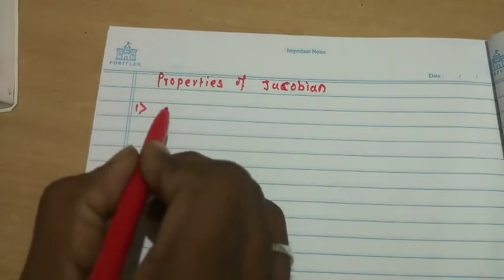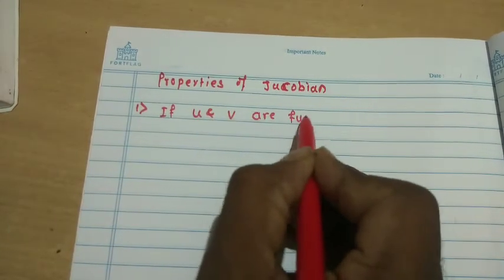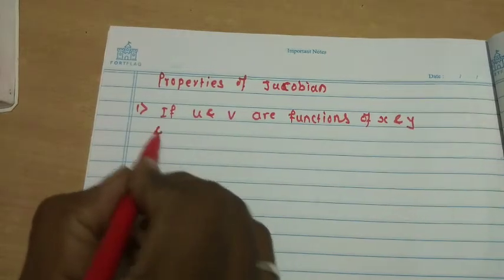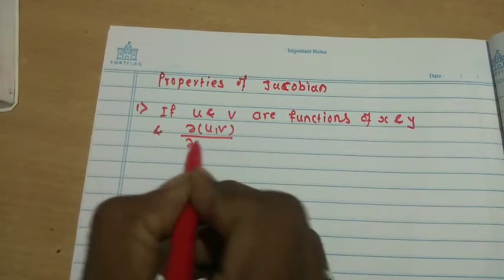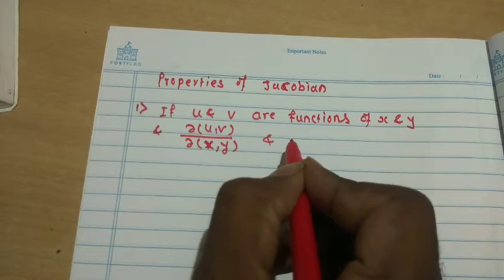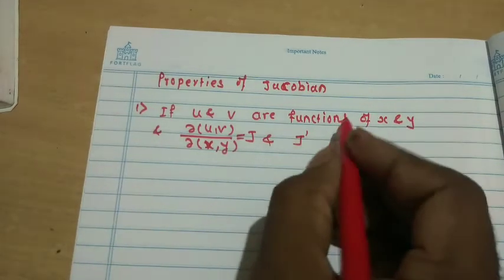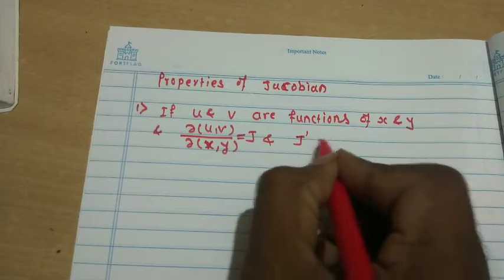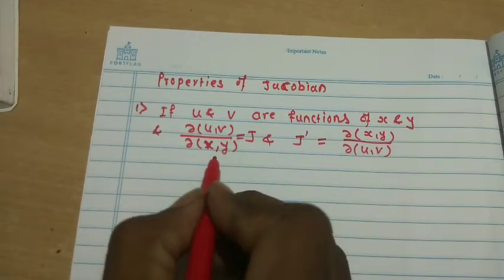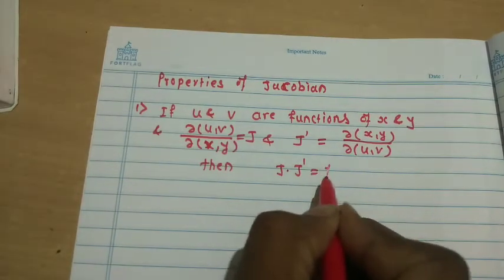First property is, if u and v are functions of x and y, and Jacobian of u comma v by del of x comma y, let's call this Jacobian J, and J dash is equal to del of x comma y by del of u comma v, then J into J dash is always 1.